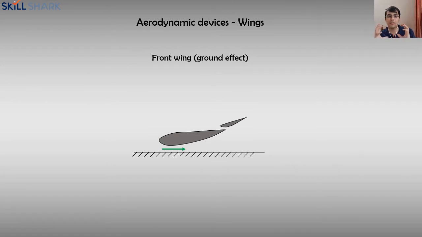The first part of the race car that air hits as the race car goes through the air is the front wing, and as a result, it actually accelerates air quite smoothly underneath it. And because this airfoil is so close to the ground, it creates this sort of channel, a little tunnel that accelerates flow.